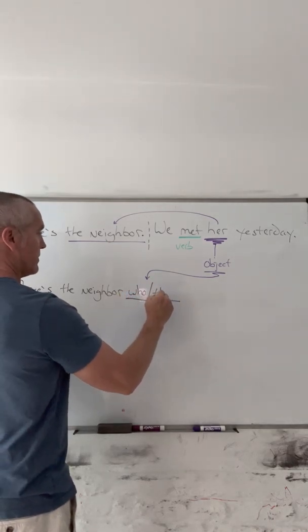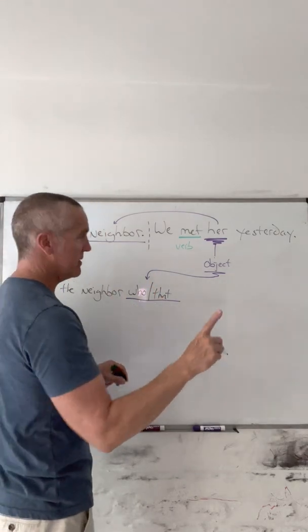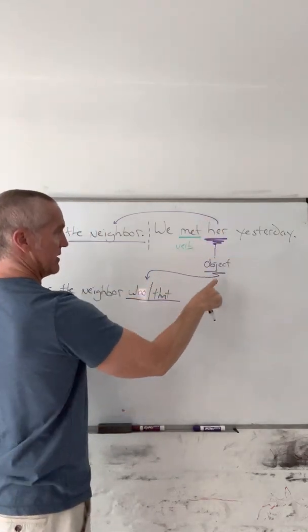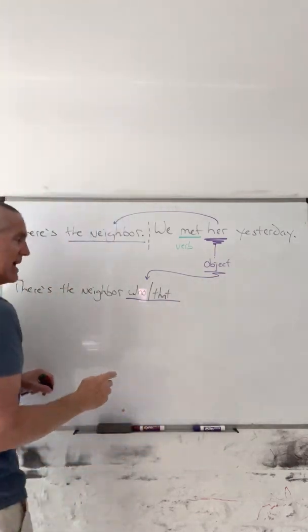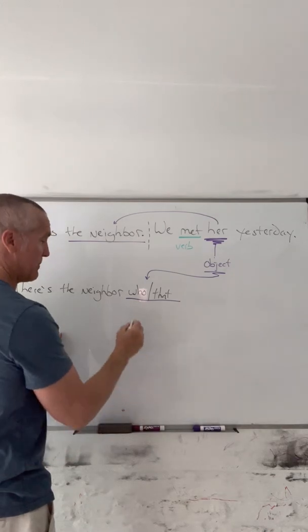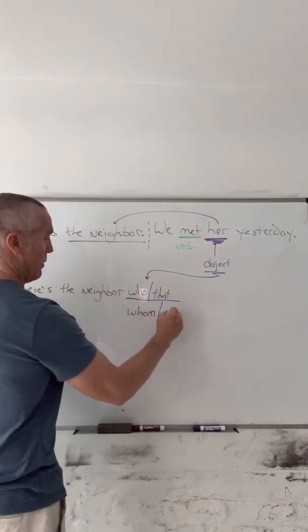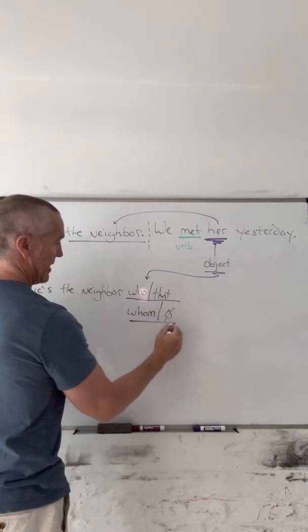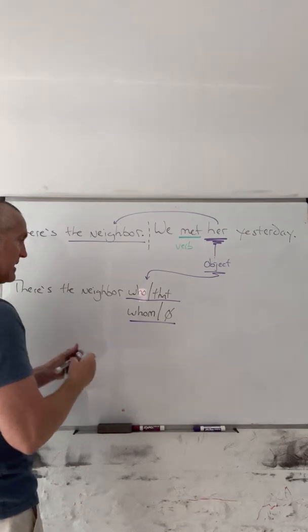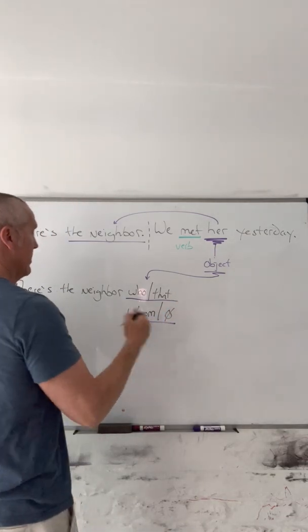Who and that. Now, because the reference in the second sentence is in the object position, we now have two more options. And we could say this, whom, or we can have no pronoun, because those are functioning as objects. So now comes the rest of the sentence right here.